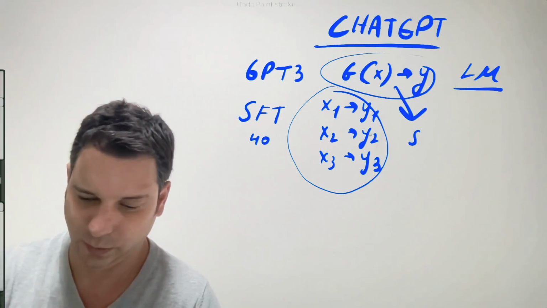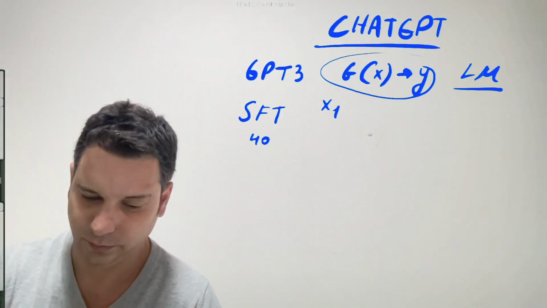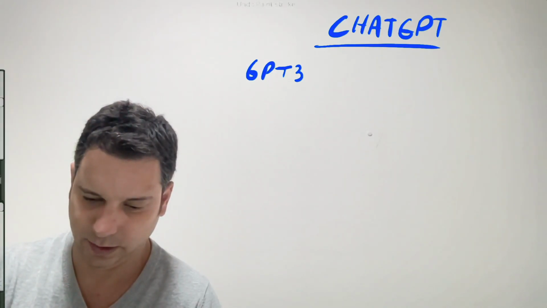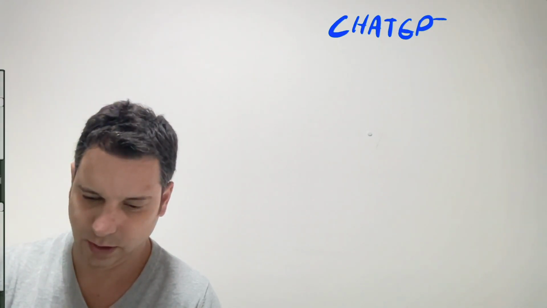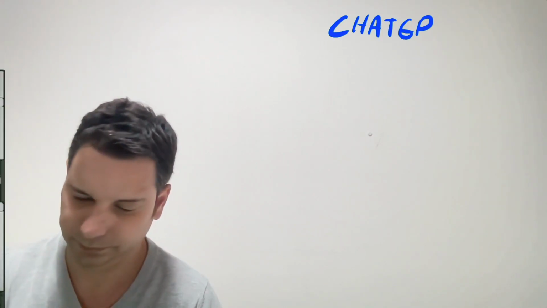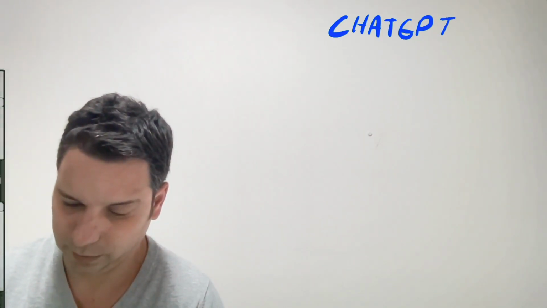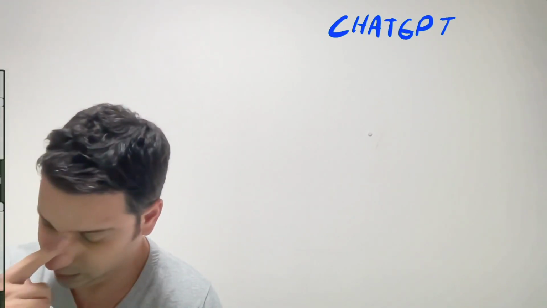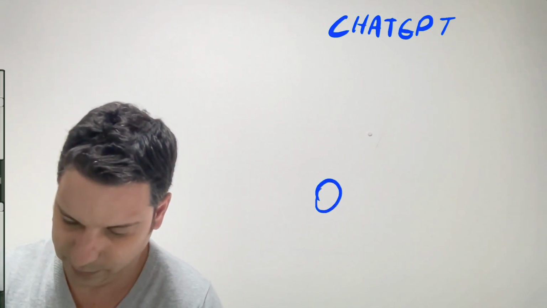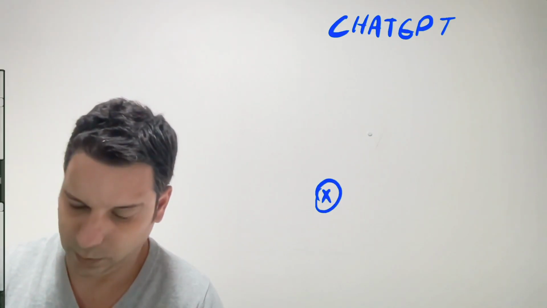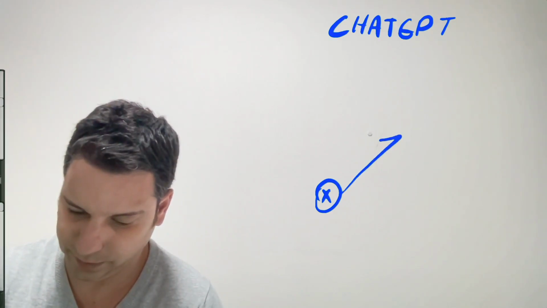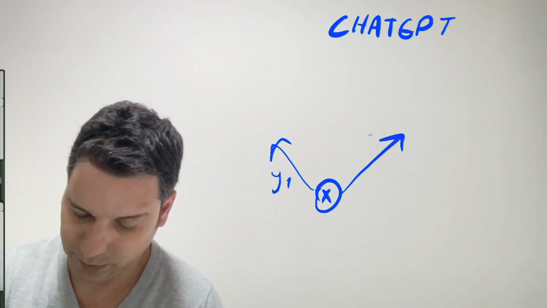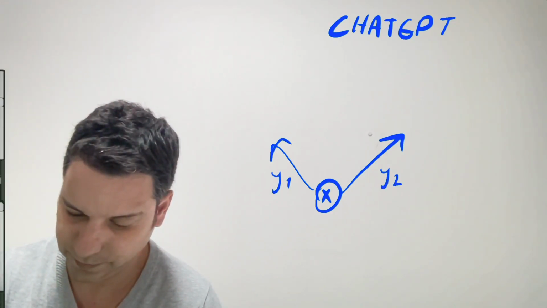So we have the reward model, and how do we train that? It's like a neural network, right? We have an input, and we take two different responses.